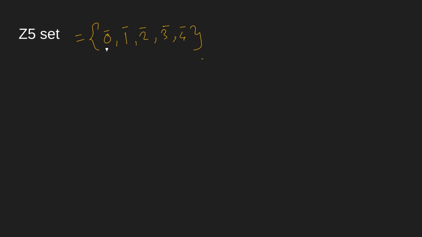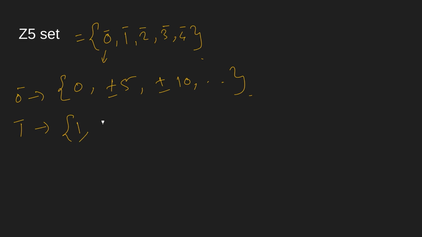This symbol 0 with a bar denotes the set of all numbers which are divisible by 5, which means 0, 5, 10 and so on, and also -5, -10. Similarly, 1 denotes the set of all numbers which when divided by 5 give you the remainder 1. Okay, 1, 6, 11. And what about the negative counterpart?